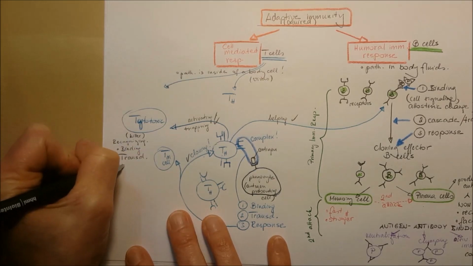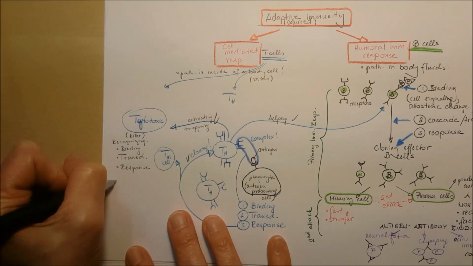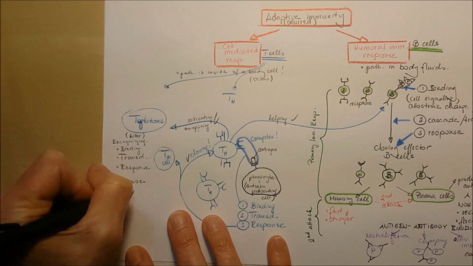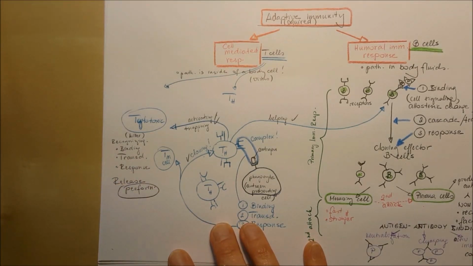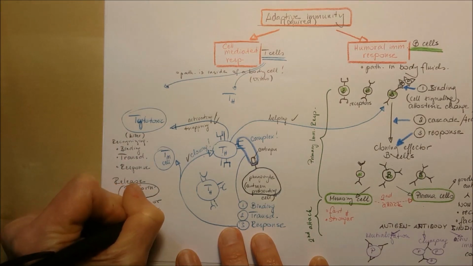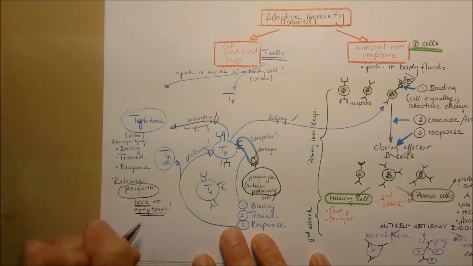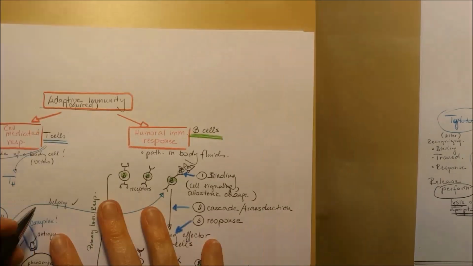The response is the cell will release perforin, and this chemical is going to lyse the targeted cell, or the cell will go through apoptosis like the cancer cell.